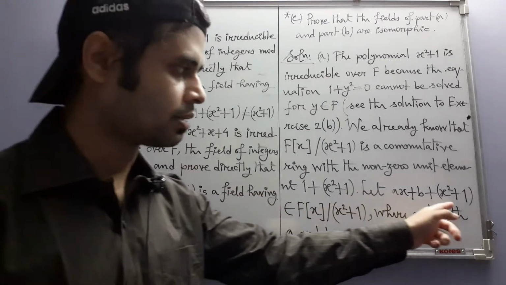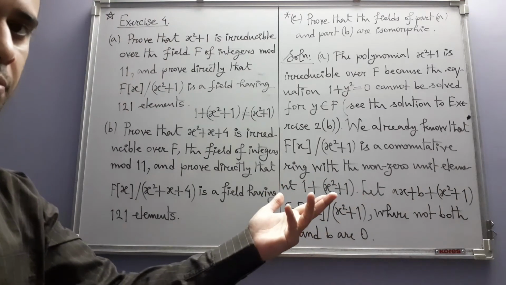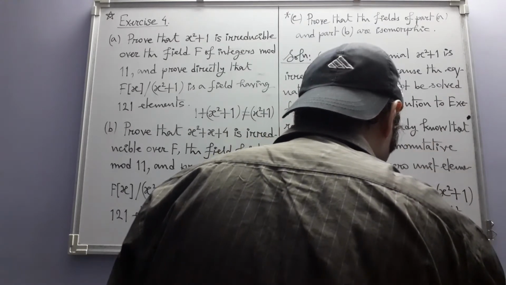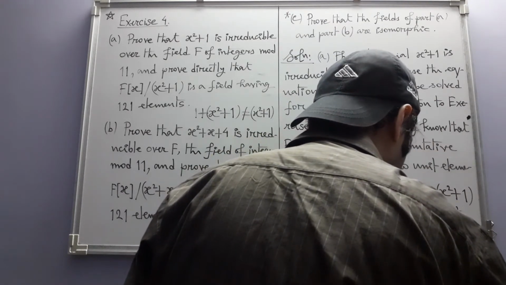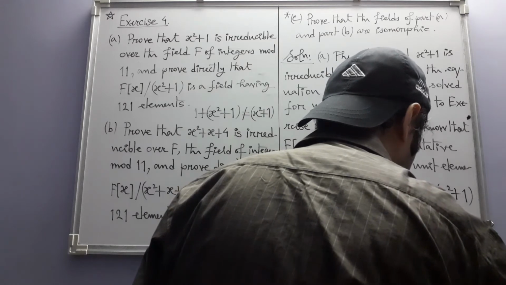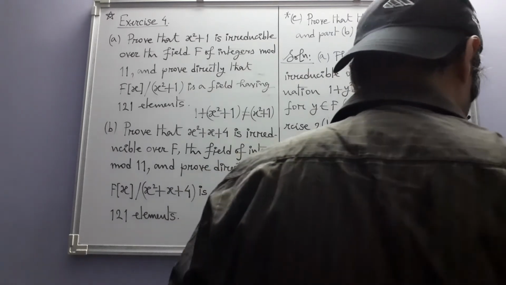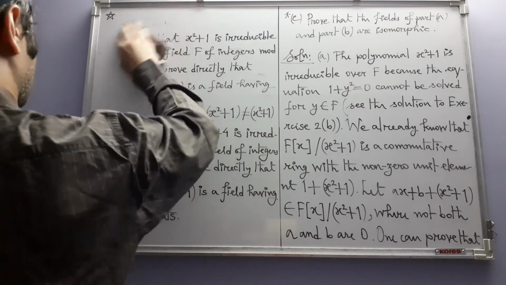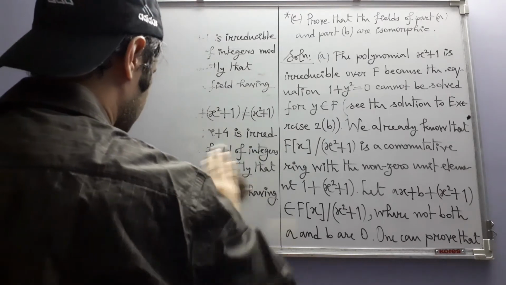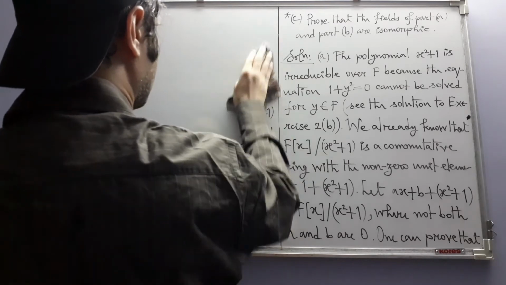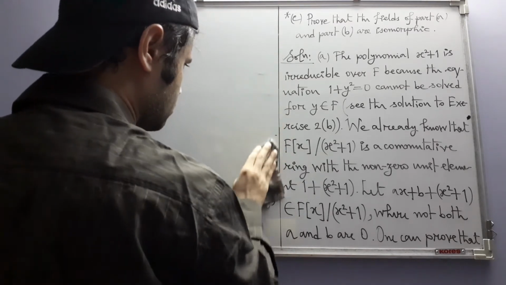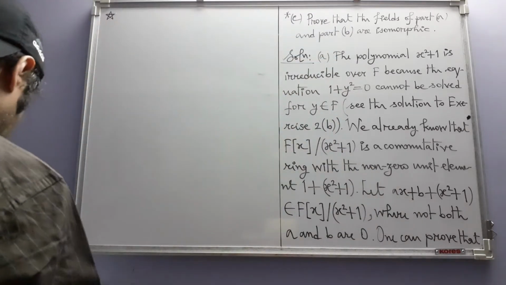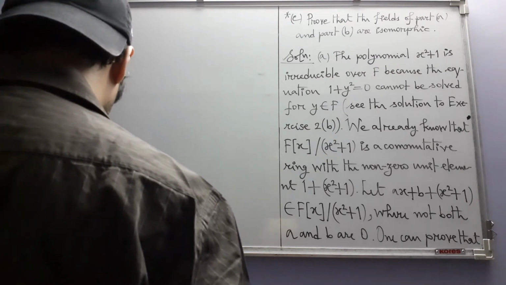That will prove that this has a multiplicative inverse and that coset will be its multiplicative inverse. Okay. One can prove that, one can prove this thing.